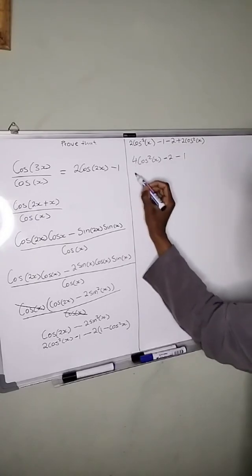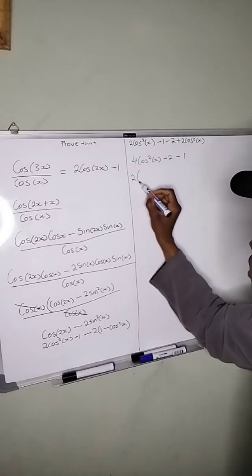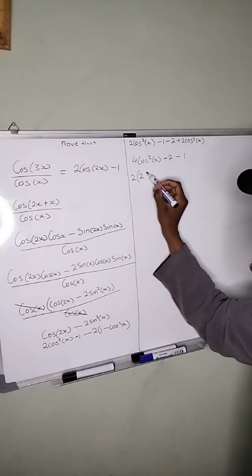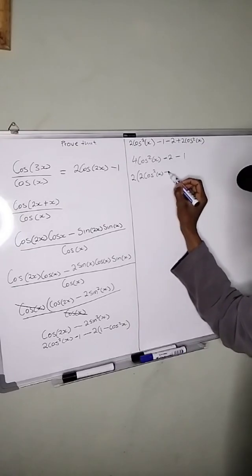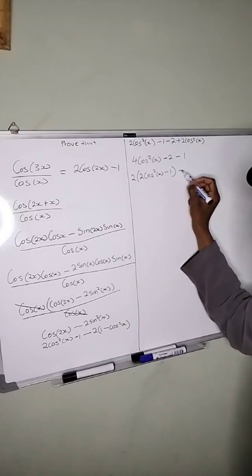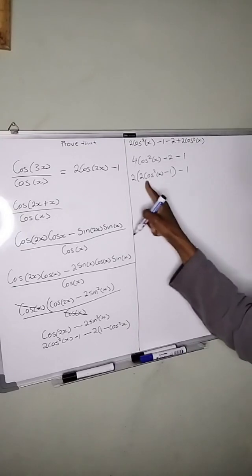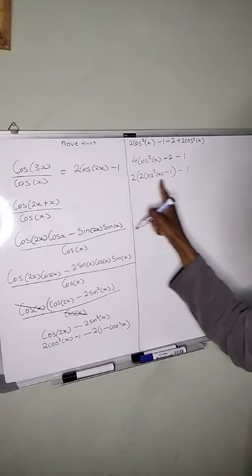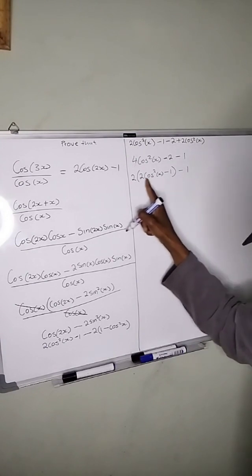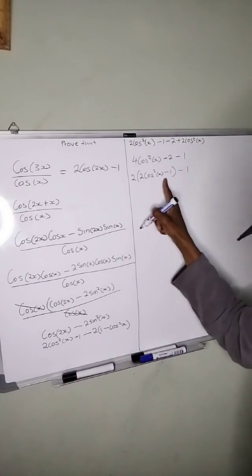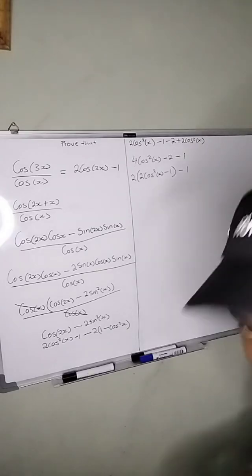So I'm going to have 2 into 2 cos squared x minus 1 minus 1. What is this? People will learn.